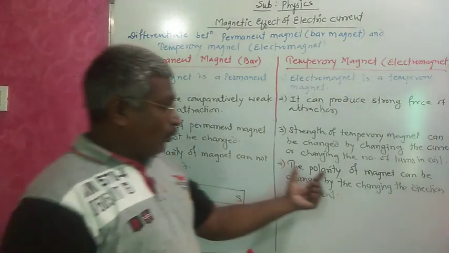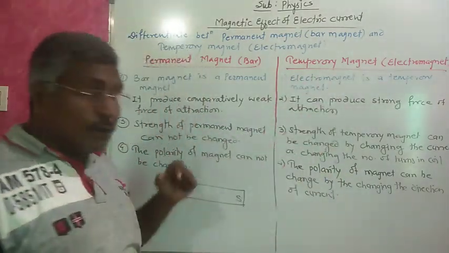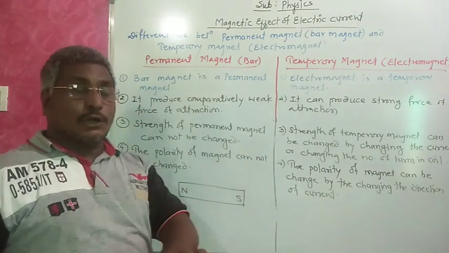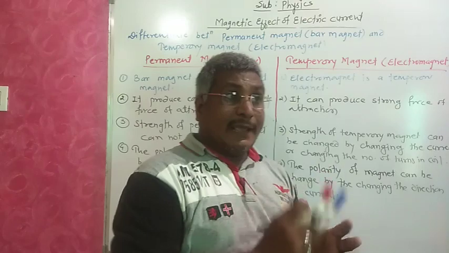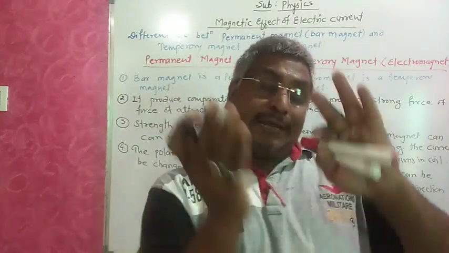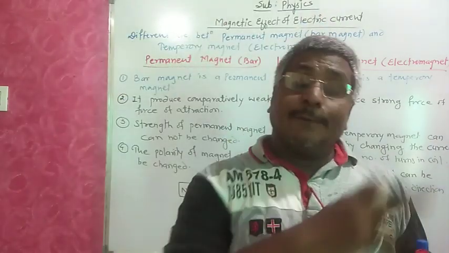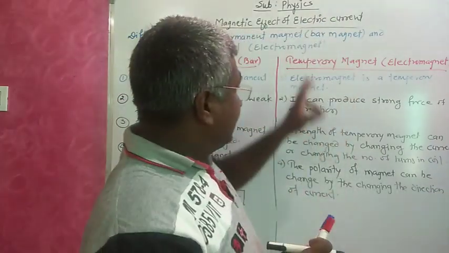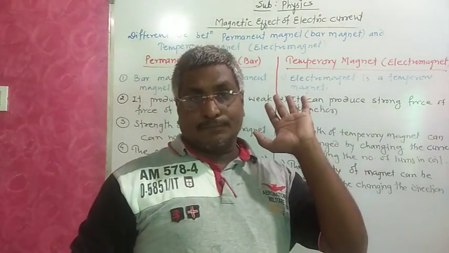What is polarity of magnet? In an electromagnet also poles are there, north pole, south pole. So those poles we can change. If we change the terminals of the battery, positive and negative, so the direction of flow of current changes, then the poles of the magnet we can change.